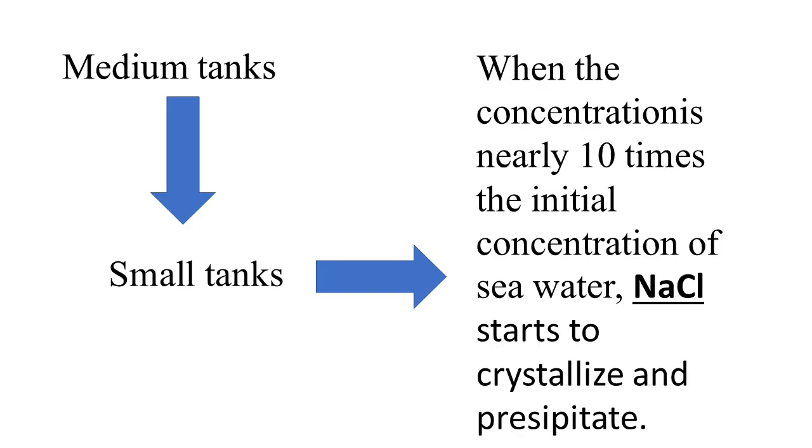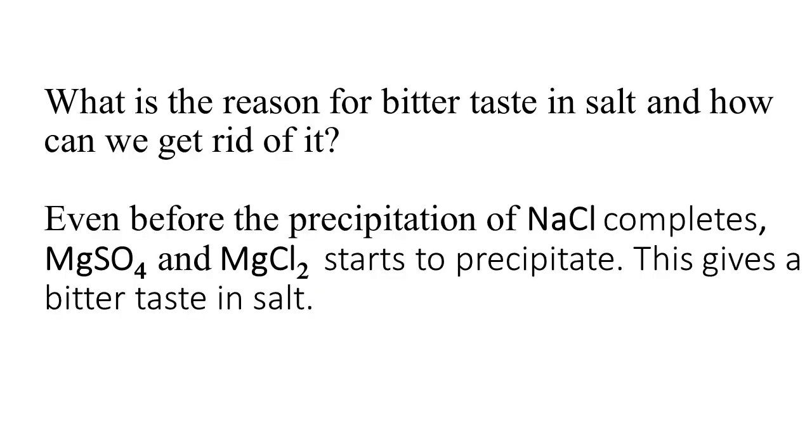Okay, now let's consider the question I have put on the screen. What is the reason behind the bitter taste in sodium chloride and how can we get rid of it? The reason behind the bitter taste of sodium chloride is that, even before sodium chloride precipitation completes, magnesium chloride and magnesium sulfate also start to precipitate. As a result, sodium chloride gets that bitter taste.